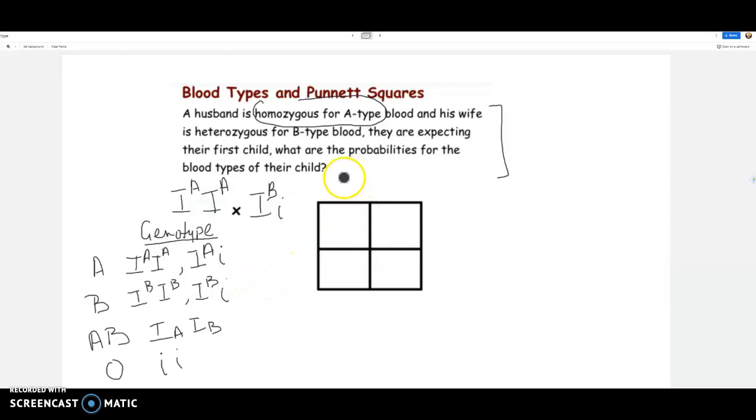So what we are going to do is write down the gametes. This is for the husband, and this is for the wife.